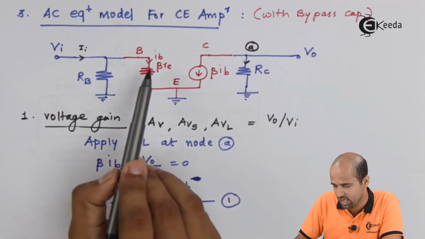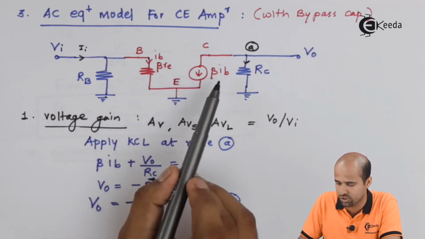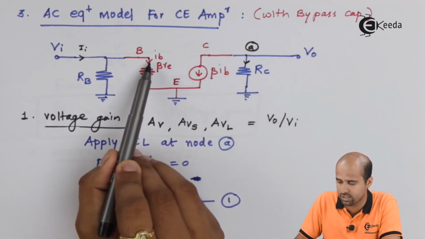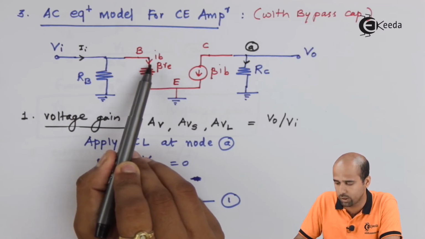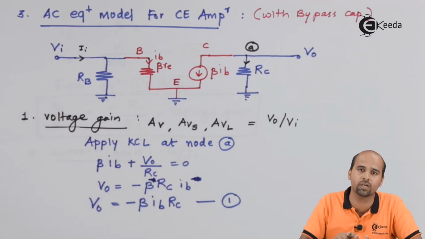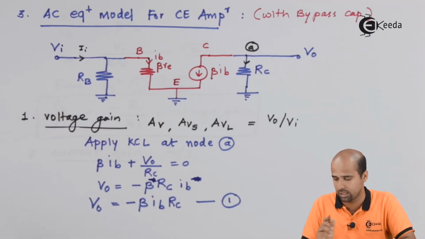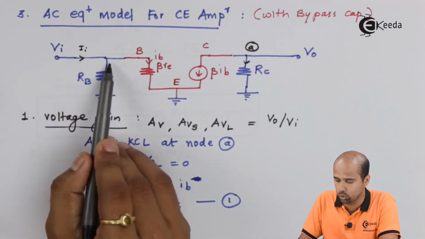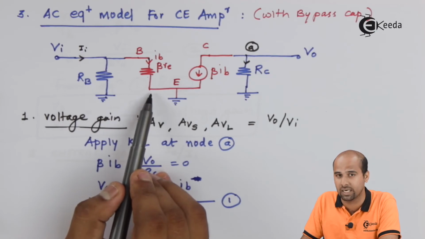So I can say IB is in between input as well as output side. So I just have to jump towards the input side and we have to find out IB in the form of II. Here another law will help you, that is nothing but CDR. This current is dividing into two parts, one is through RB and another is through beta RE.